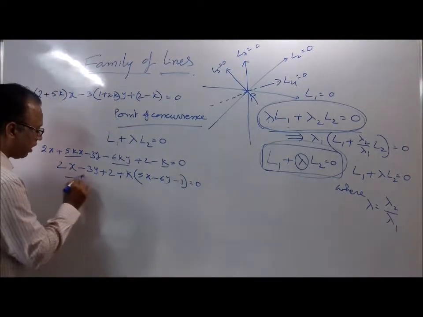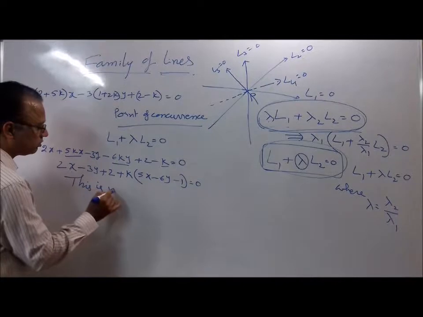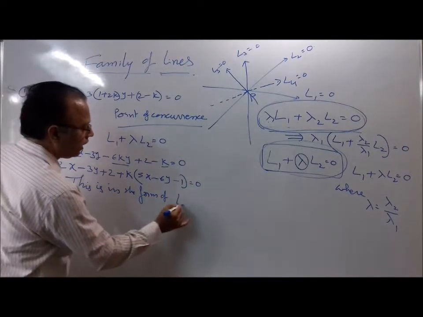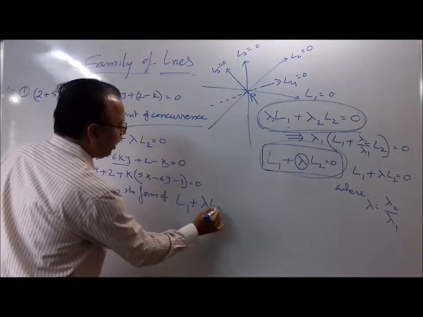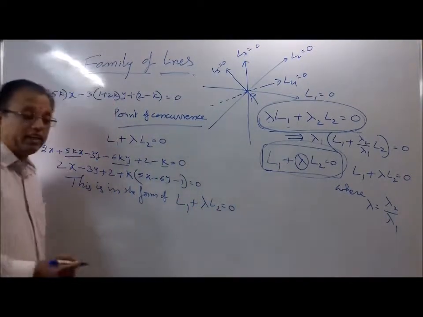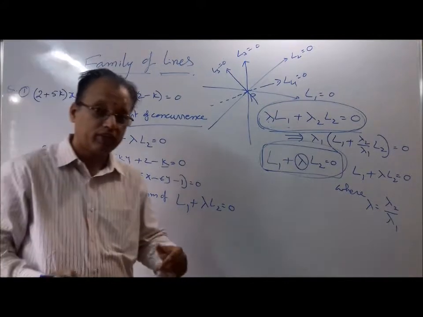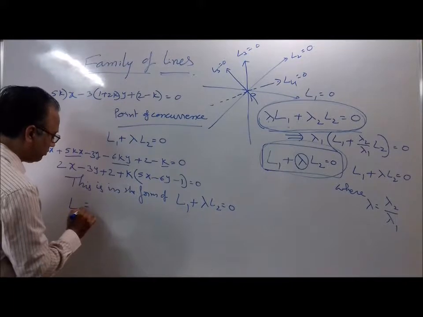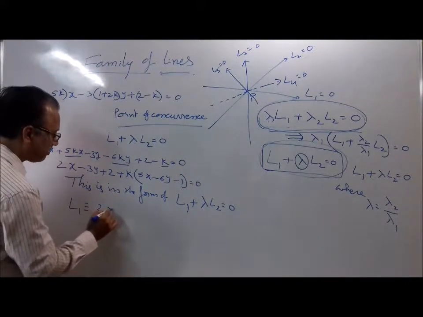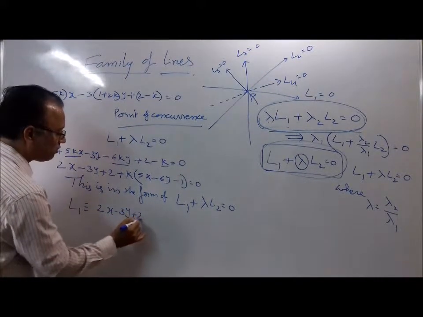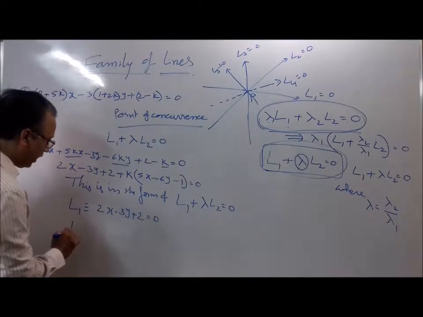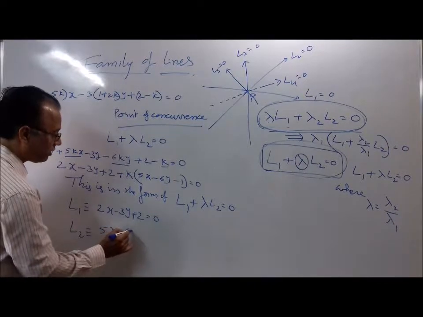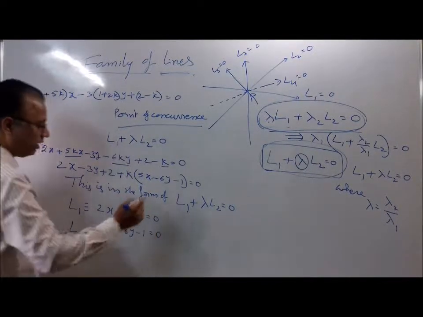This is in the form of L1 plus lambda L2 equal to 0, where lambda is k. So L1 is 2x minus 3y plus 2 equal to 0, and the second line is 5x minus 6y minus 1 equal to 0.